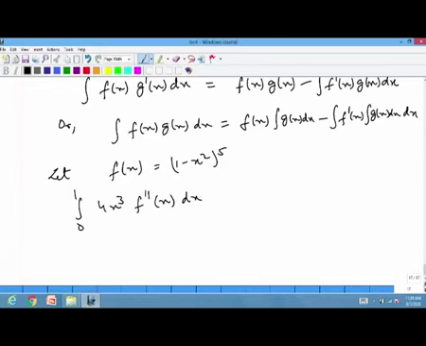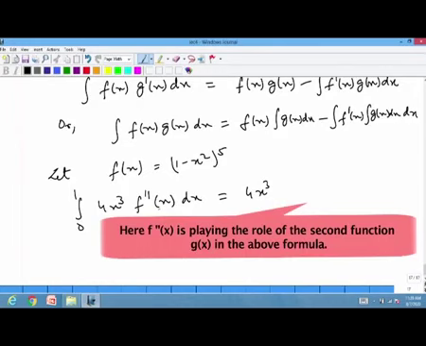By the integration by parts formula, this is equal to 4x cubed times f prime x, since f double prime x is the derivative of f prime x, from 0 to 1, minus the integral from 0 to 1 of the derivative of 4x cubed, which gives 12x squared, times f prime x dx.